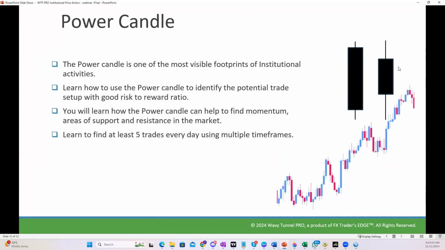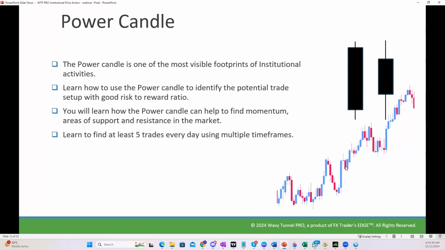Okay, now on this chart here, you can see this is your power candles. This is your narrow range candles. So these are your power candles. This is not your power candles, right? Here you can see the power candle indicates the market's move at the upside. Power candle, power candle, power candle, power candle. But you see, this is also a power candle. This is also a power candle. But if you look at the previous few candles, they are narrow range candles.